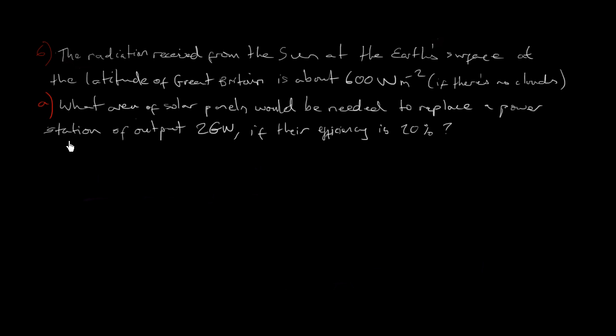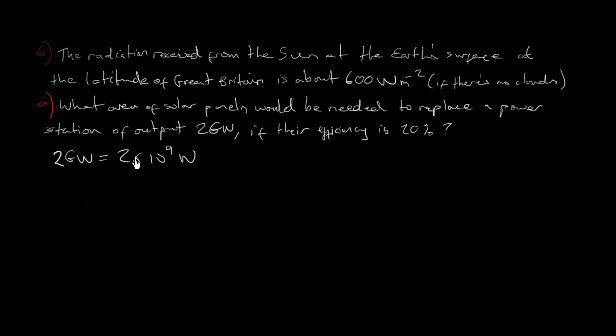So first thing we need to do really is to convert the 2 gigawatts into standard form so that we make sure we don't make any mistakes. So what's 2 gigawatts? 2 gigawatts is 2 times 10 to the power of 9 watts.